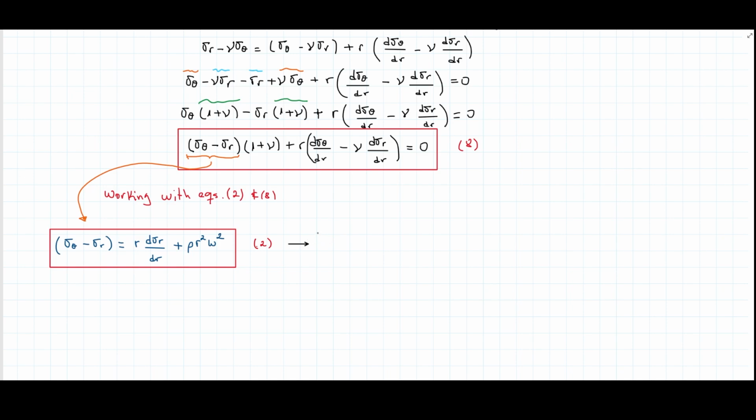The difference between the circumferential and radial stress equals to this, so I can write this down like this, plus this term that was coming from the circumferential centrifugal force, plus this one, theta divided by differential of radius, Poisson modulus, and this other term here.